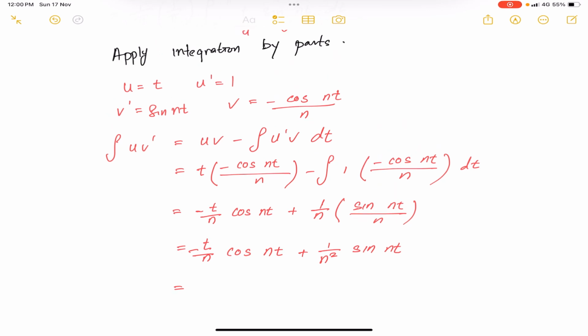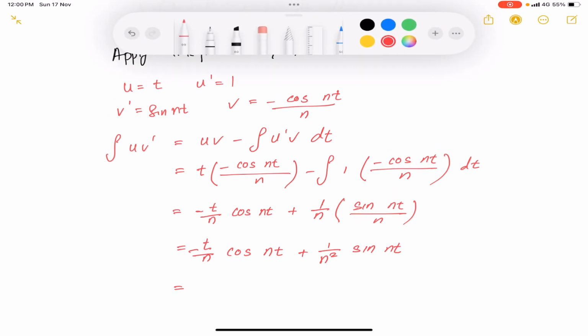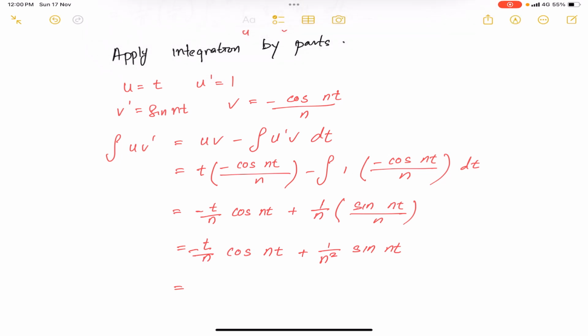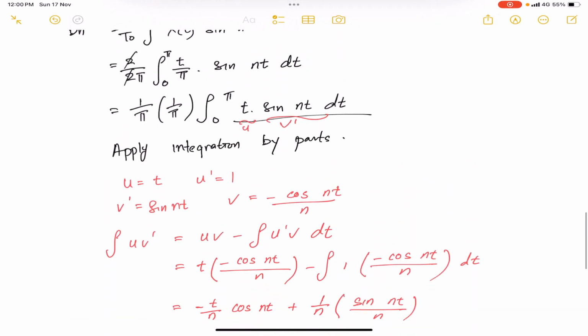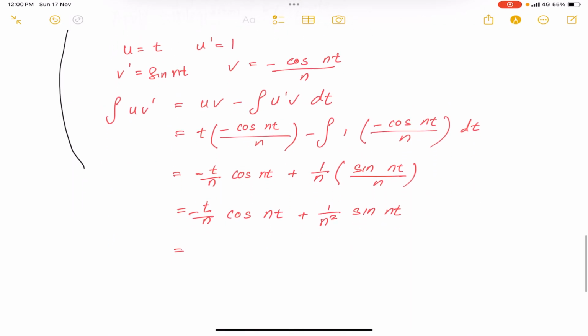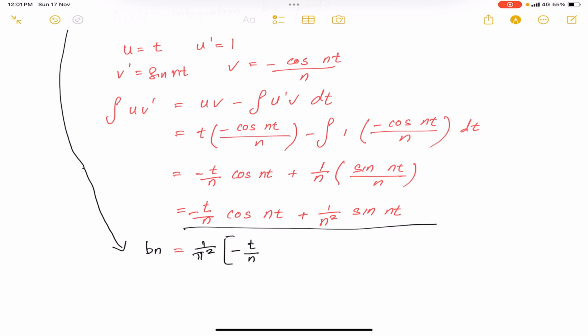Okay, so after this, you go back to the question. So bn equal to 1 over pi square, and then you substitute this value. Negative t over n cos nt plus 1 over n square sine nt, and then the limit is 0 to pi.